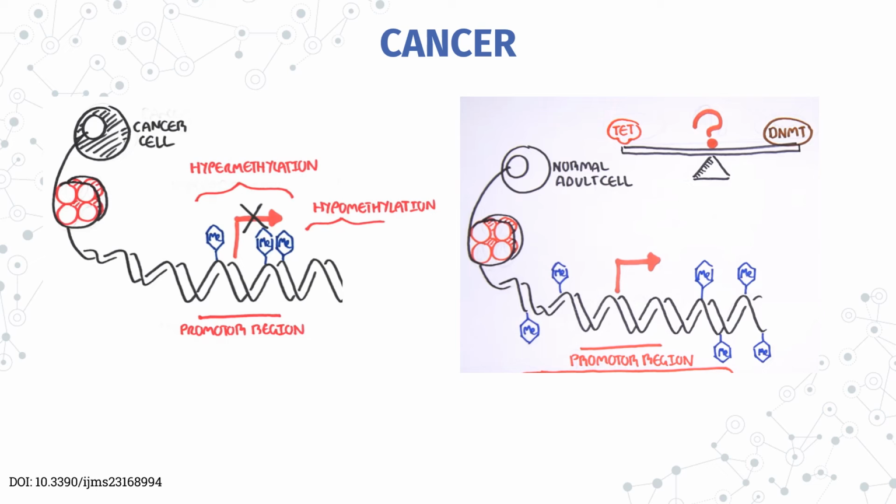In the image on the left, there is evidence of a hypermethylation process that can cause cancer pathologies in many cases, such as acute myeloid leukemia in the bone marrow cell line. On the other hand, it has been shown that a low expression of DNMT3B leads to hypermethylation and the expression of immunodeficiency syndrome 1.